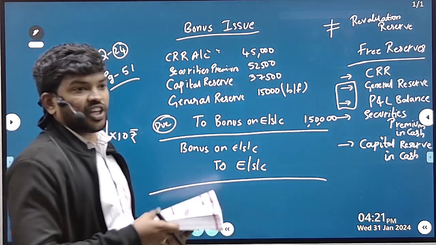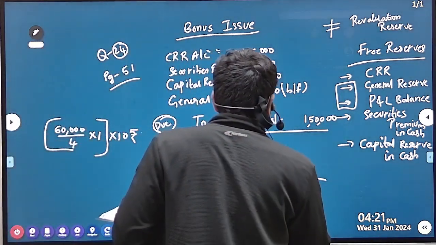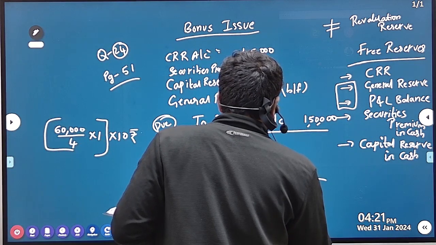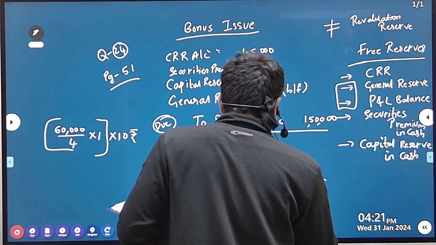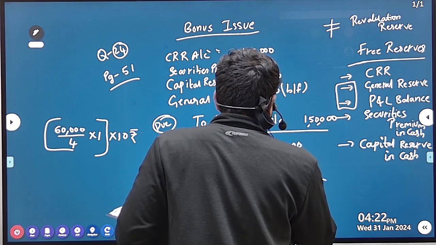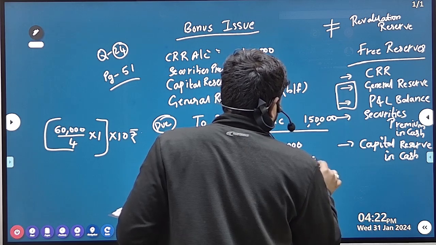Here you are actually allotting the shares. How many number of shares? 15,000 into 10. 1,50,000.